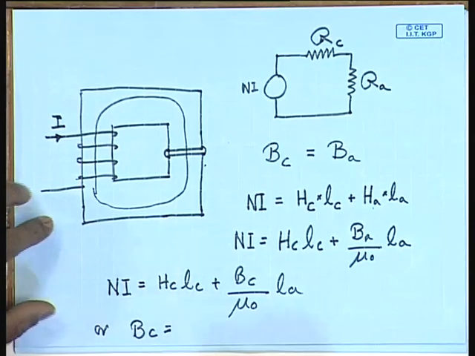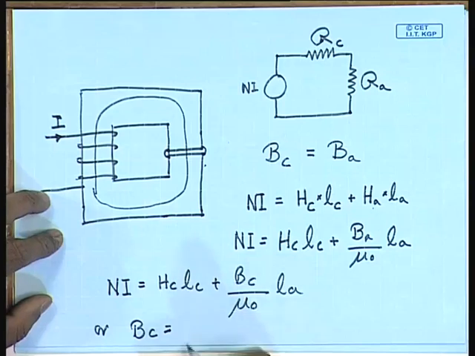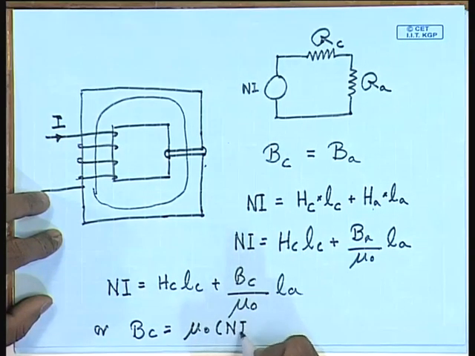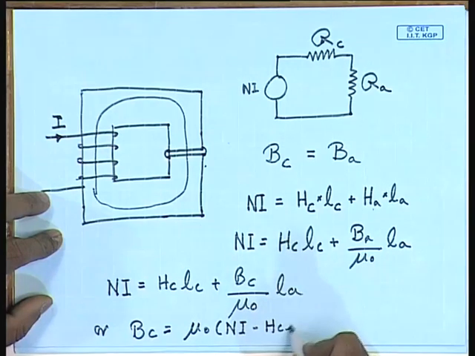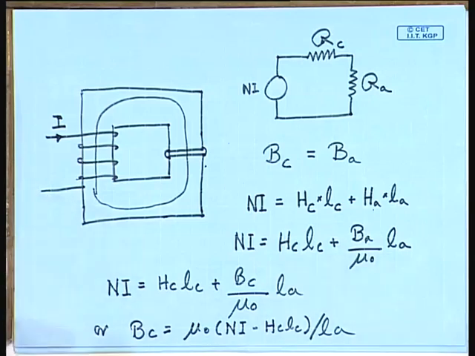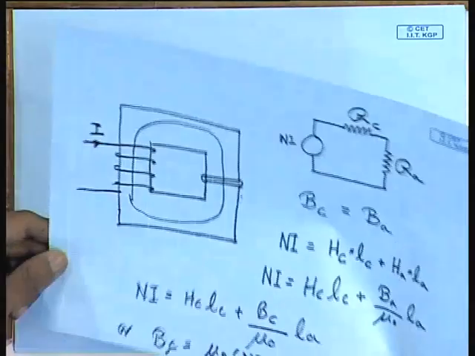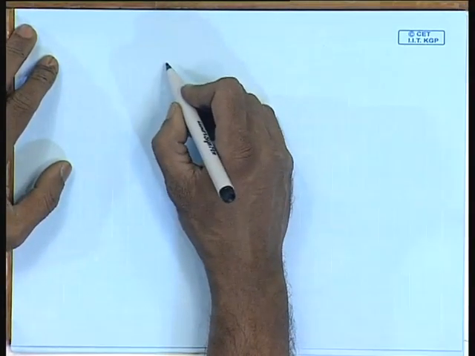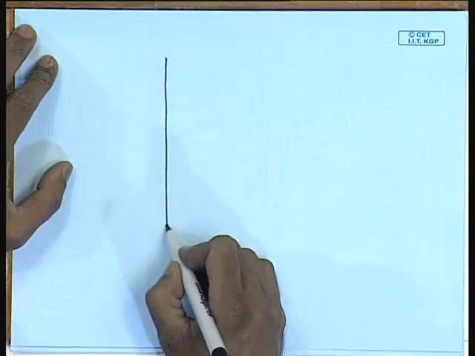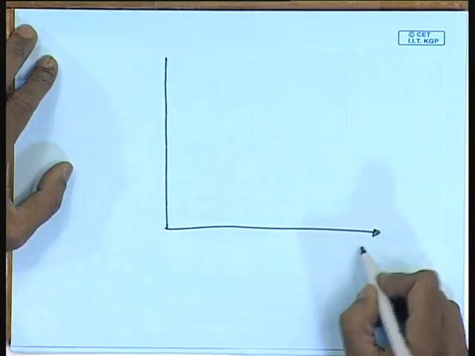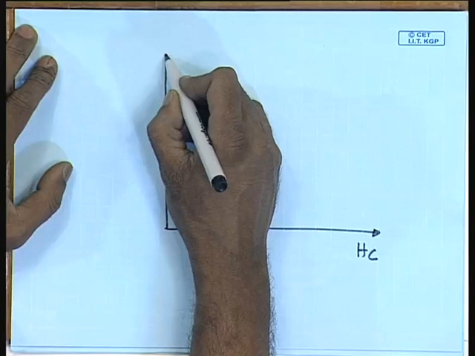or Bc equal to mu naught into Ni minus Hc Lc, divided by La. This is one relationship relating Bc to Hc, which is linear. The other relationship between Bc and Hc is given by the BH curve of the material. Now, we plot them together, Hc on this axis and Bc on the y axis.